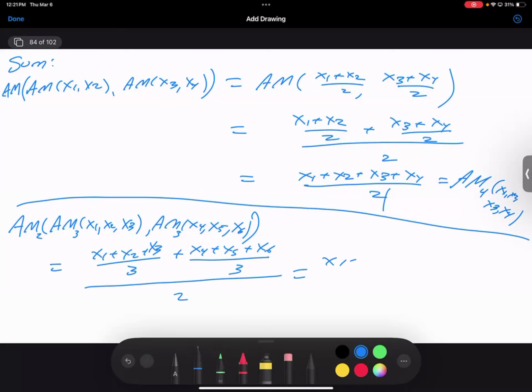And yes, that's x1 through x6 over 6. Or the other way, AM3. And then you could do it the other way around. What if we did AM3 of AM2, x1, x2, dot, dot, dot. Hopefully you can agree that this is all going to work. And no matter how I split everything, everything is going to be fine.